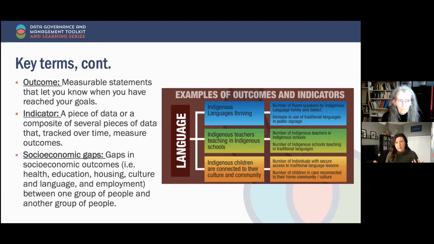So in BC, we know that life expectancy for First Nations is 9 years less than other British Columbians. That's an example of a socioeconomic gap that we want to use to advocate for greater investment and work to close. Next slide. I know this is a lot of words.